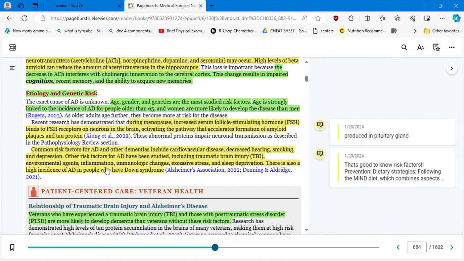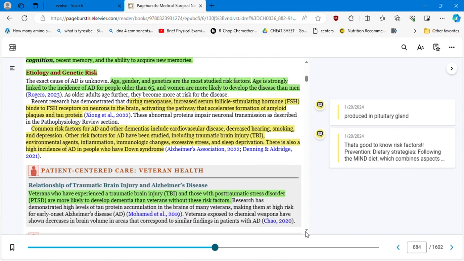Let me tell you, obesity is a chronic state of inflammation. Okay, inflammation is basically obesity. Immunologic changes, and that would be the viral causes of the AD, excessive stress, and sleep deprivation. There is also a high incidence of AD in people who have Down syndrome. So we saw that, and that's good to know.